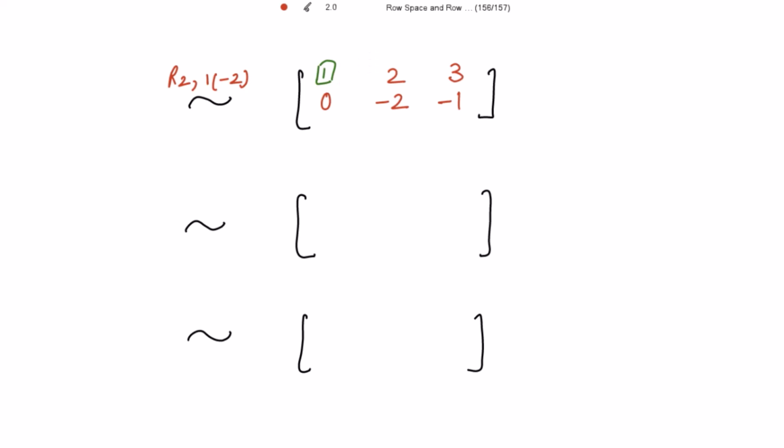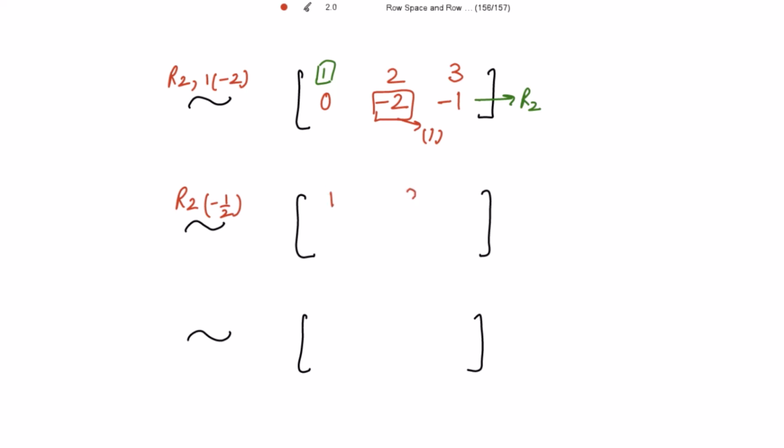Now to get the leading element for the second row as 1, how to make this as 1? Just dividing row 2 by -2, right? So the row operation is the elements of row 2 are multiplied with -1/2.